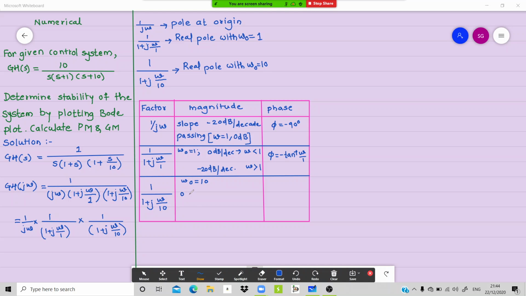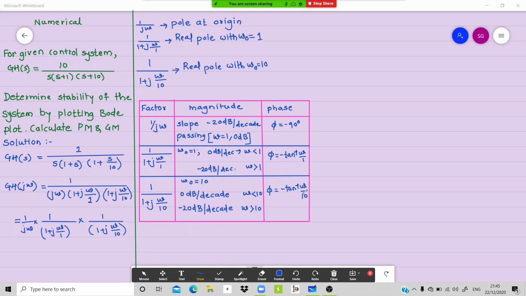That means 0 dB per decade when omega is less than 10, and when omega is greater than 10, it is going to be minus 20 dB per decade. And in this case, phi is going to be minus tan inverse of omega by 10.